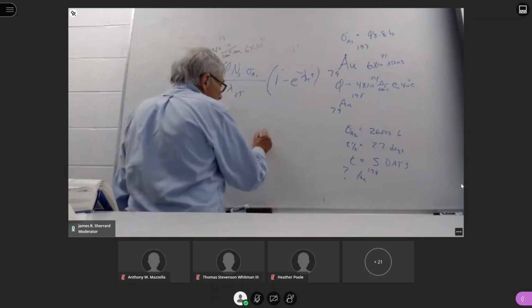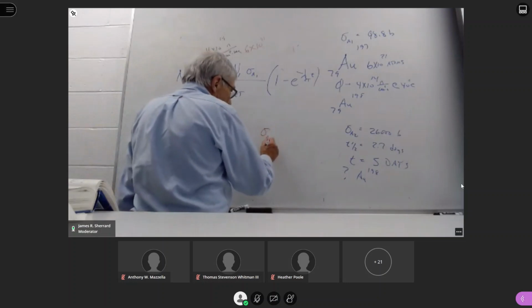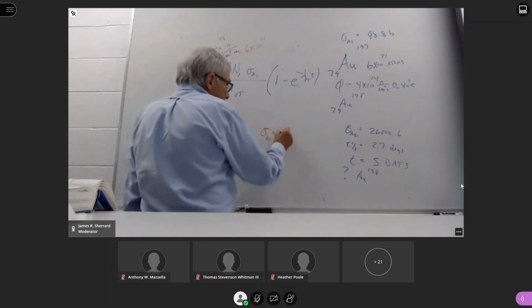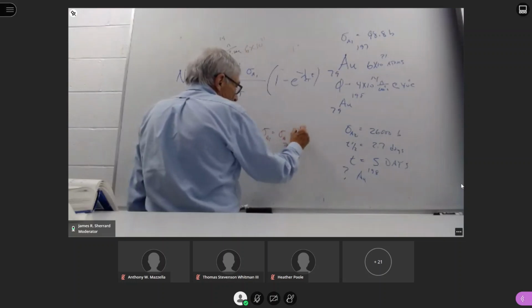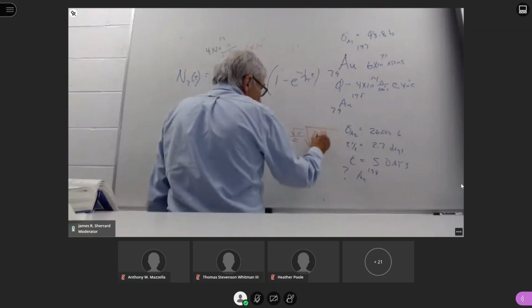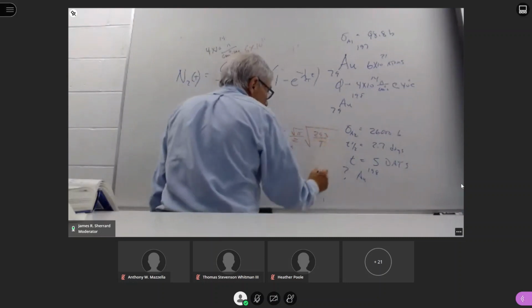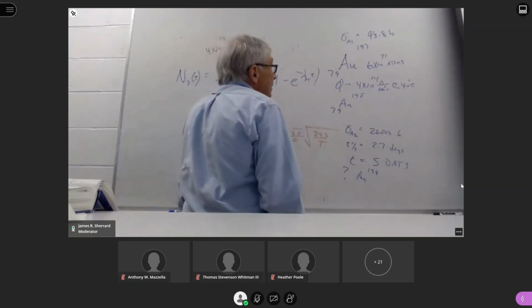So we know that sigma A1 is going to be sigma A thermal times the square root of pi divided by 2 times the square root of 293 over T. And what is T?